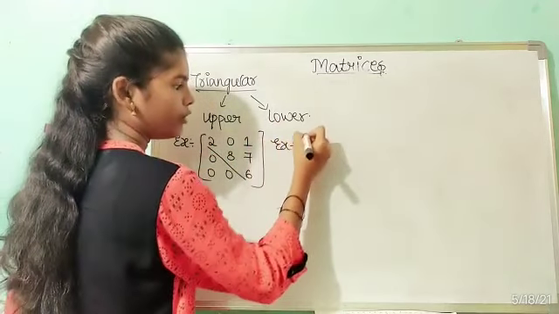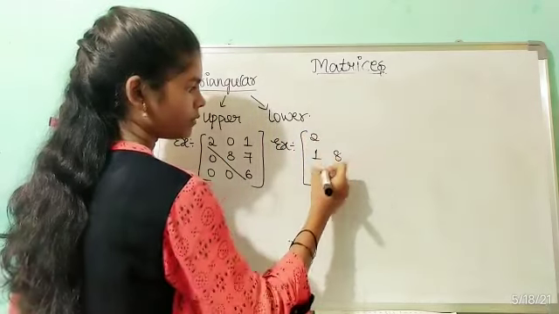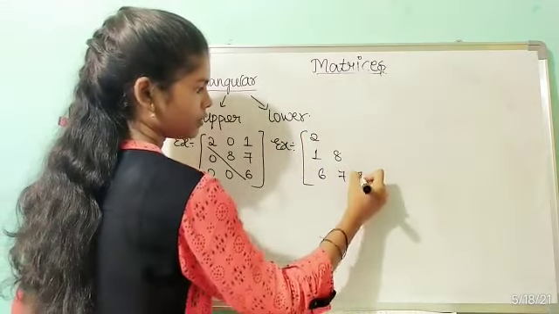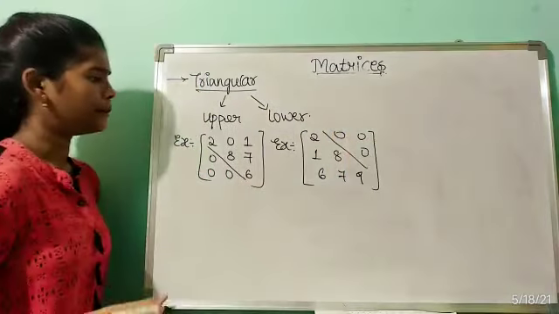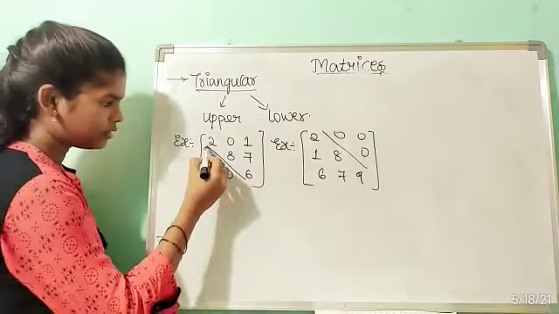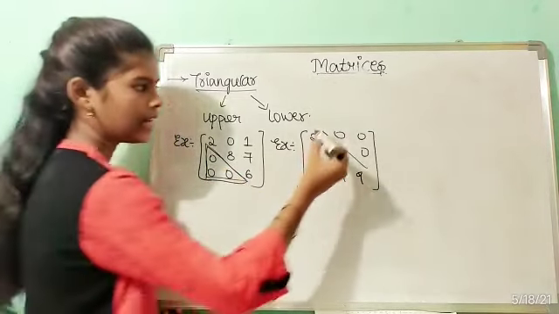And for the lower triangular matrix as well. Here, what we observe, the zeros which are there, it's forming a triangle, as well as here too.